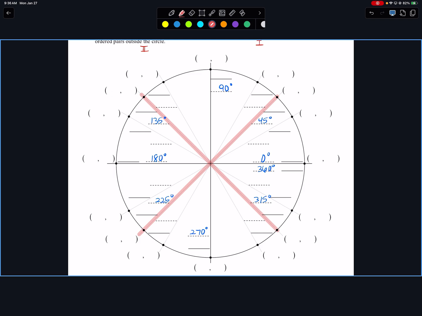Okay. Now, in degrees, this may not make as much sense, but this will make more sense once we do everything in radians here shortly.